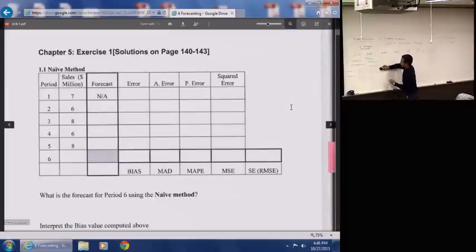So to compute MAD, you average absolute errors. You first compute the errors, then take the absolute value of them, then you average. Quick question. Can MAD ever be negative?